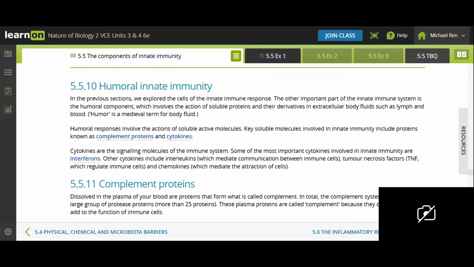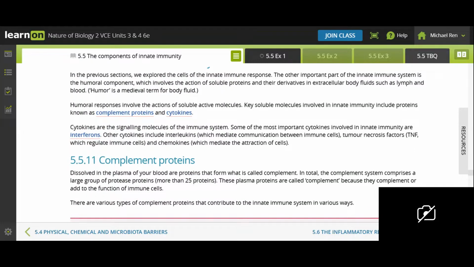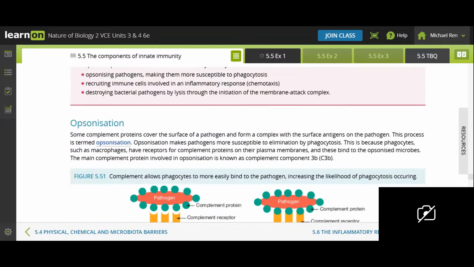Oh yeah, so now we get to the complement proteins. Complement proteins come in 3 flavors: ones that cause lysis, ones that coat pathogens, and ones that attract leukocytes. So going to lysis, the complement proteins will identify that the pathogen is non-self, and they'll bind to it.